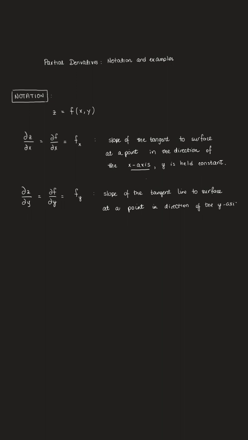And so that means that we hold x constant. Because we have sliced the surface with a plane parallel to the yz plane, the intersection is a curve, and so the value of x on any point in that plane is the same.